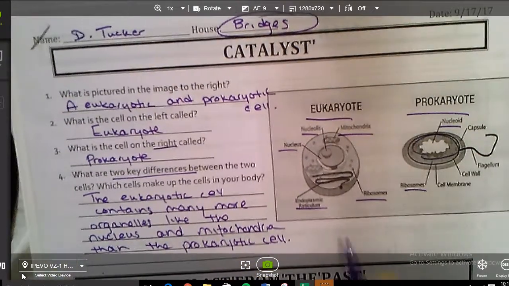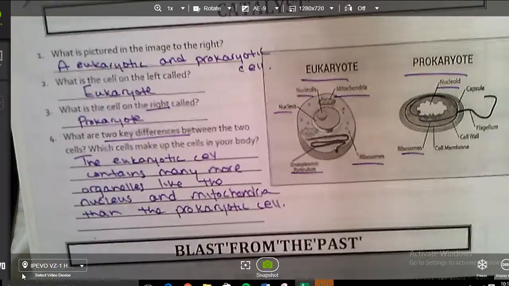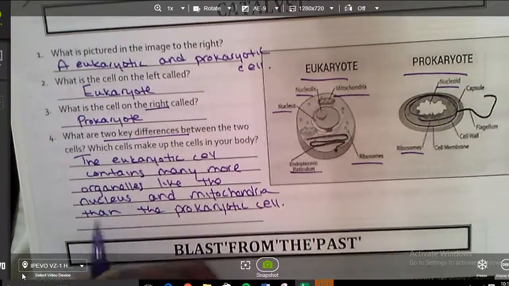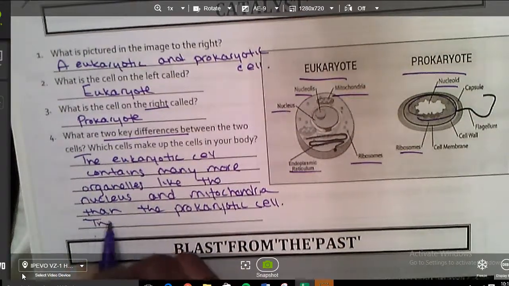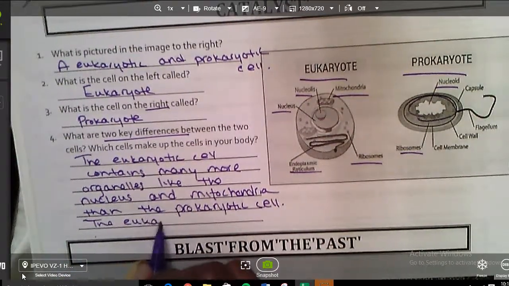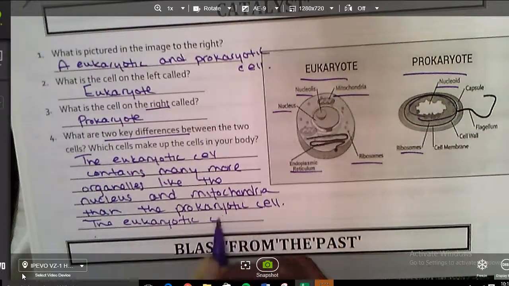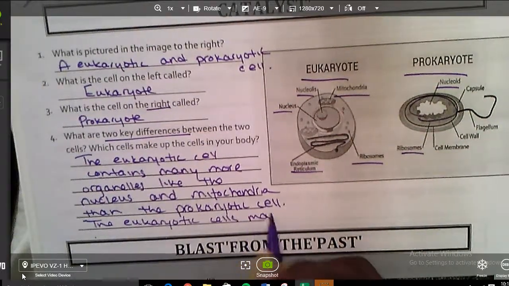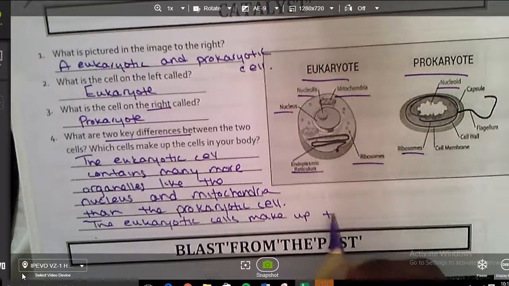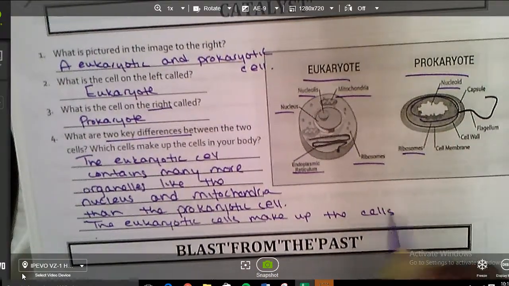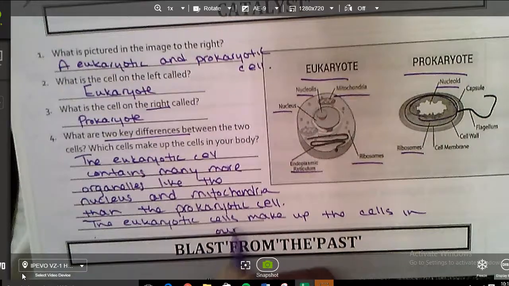And we know that all these organelles help the cell to function. So what we'll say is that we can definitely assume that the eukaryotic cells make up the cells in our body.